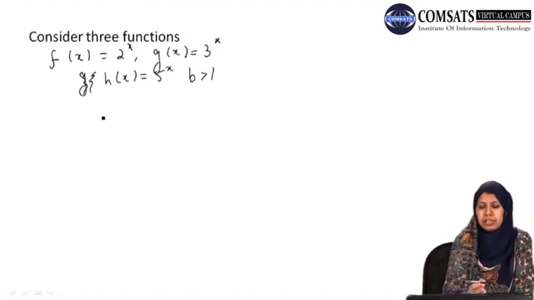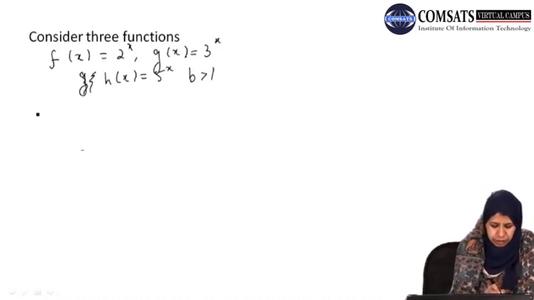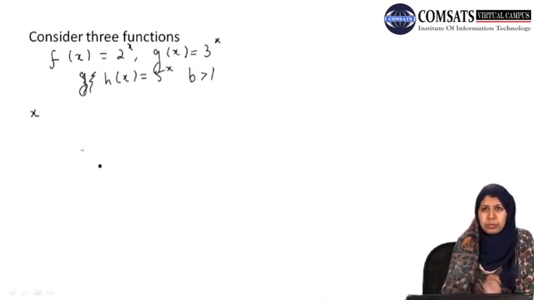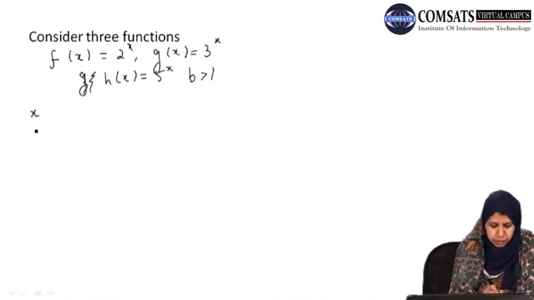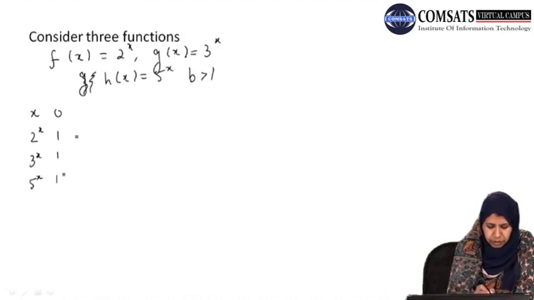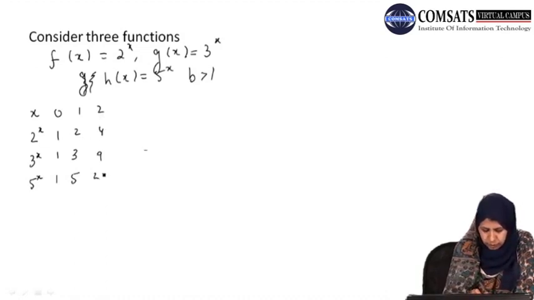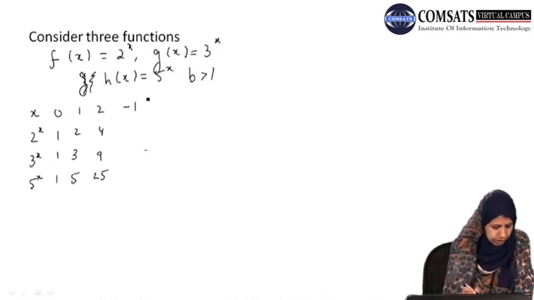Again, we have to take the values of x and the particular values of the output. For the case of 2 to the power x, we have already solved. Okay, when x is 0, all of them are 1. When x is 1, we have the base itself. When x is 2, we have 4, 9, 25, and now the negative values.